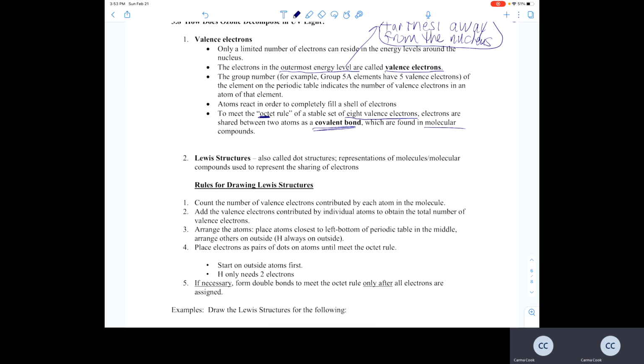Covalent bonds, of course, are found in molecular compounds. So the covalent bond forms between 2 nonmetal atoms. And so Lewis structures are also called dot structures.